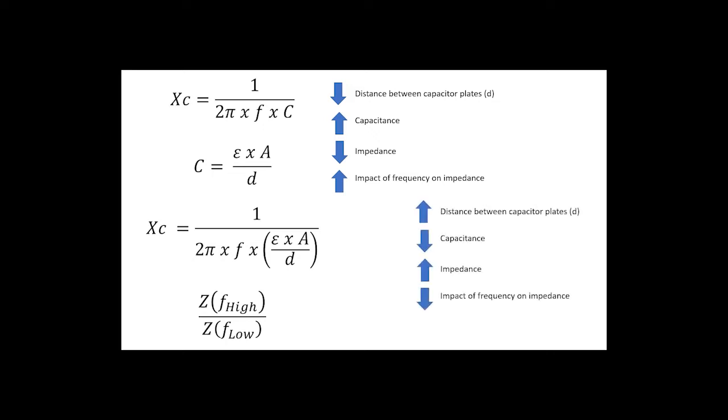So the opposite, of course, is true, and so as you have greater distance between capacitor plates, your capacitance decreases, impedance increases, and there's little impact at all of frequency on impedance.